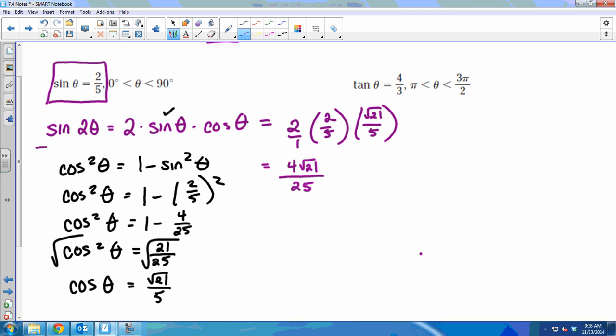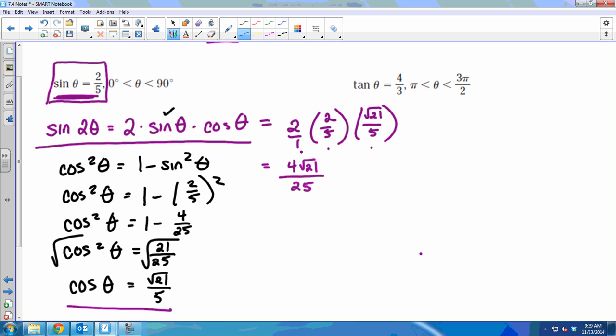So I have this identity. I already had sine. I found cosine. I substituted those into the identity and multiplied. Questions?